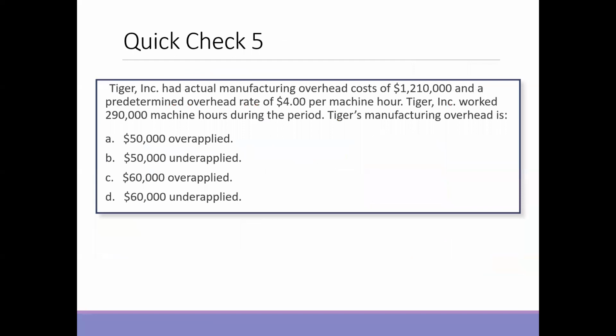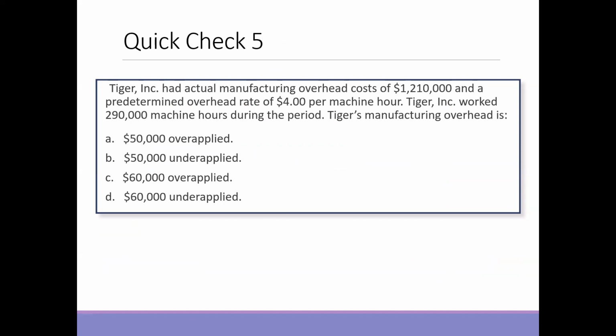How about this one, guys? Tiger had manufacturing overhead costs of $1,210,000 and a predetermined overhead rate of $4 per machine hour. Tiger worked 290,000 machine hours.